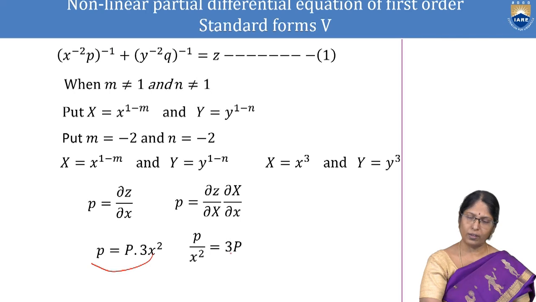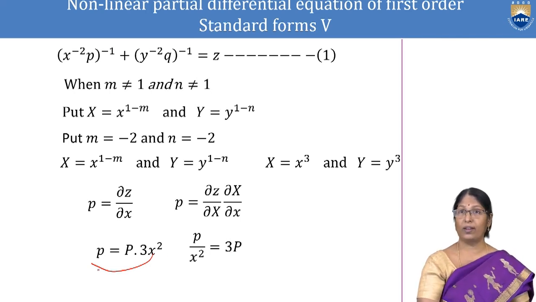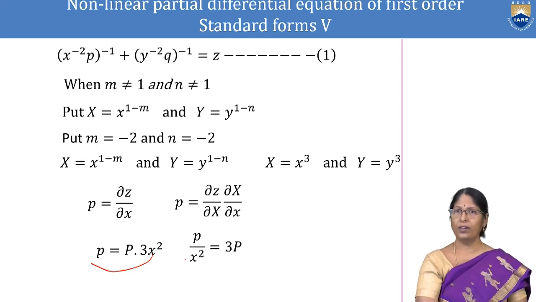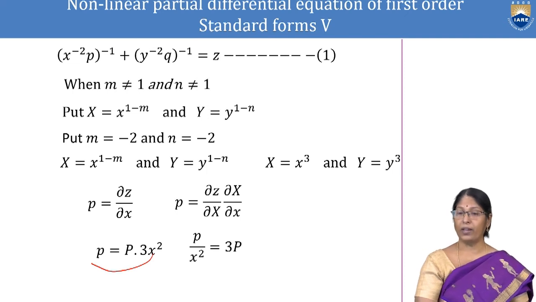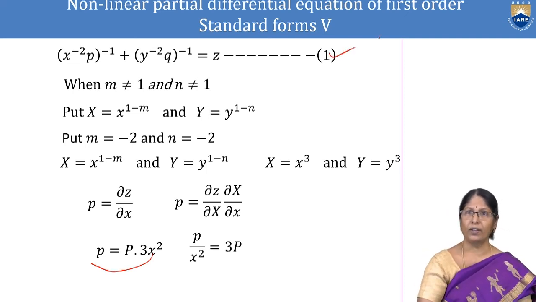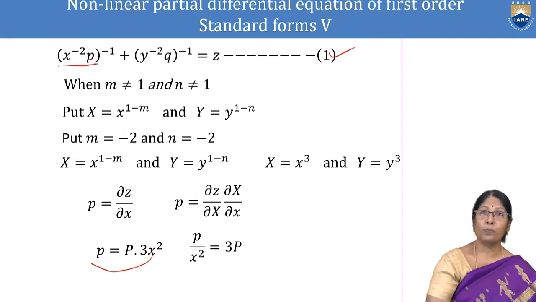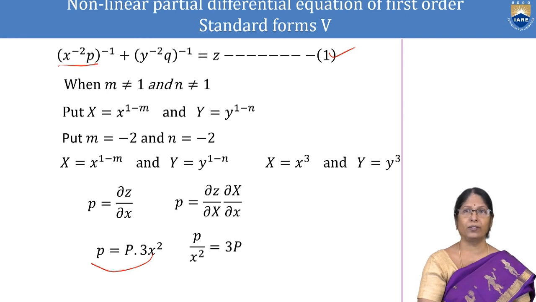We brought only the x square towards the left side, but we could even take this 3 to the other side. We didn't, because to save time we have to come to a conclusion and reach the solution. That is our main target, keeping in mind what our equation 1 is. In equation 1, if we notice, x power minus 2p is there.